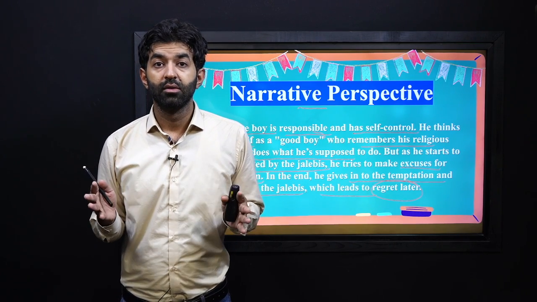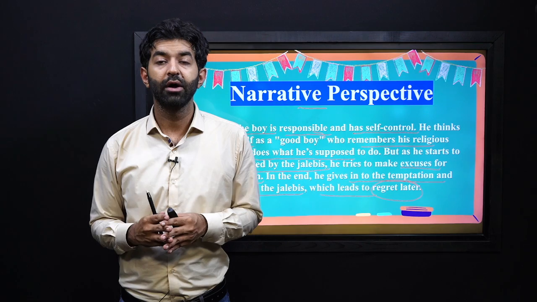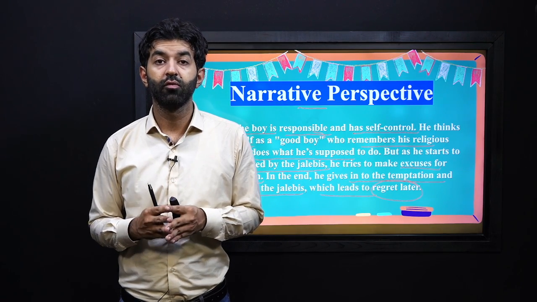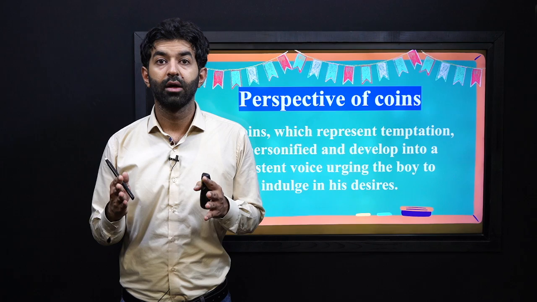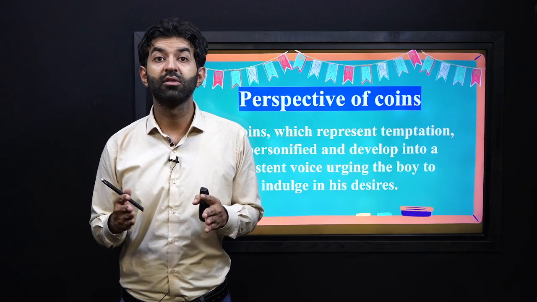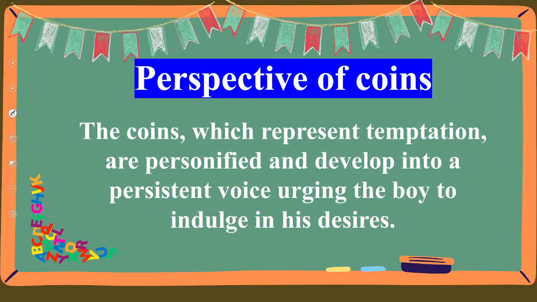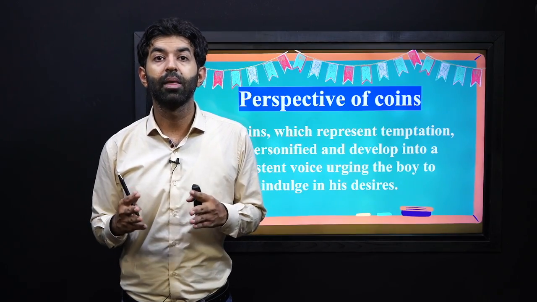So we have so many different moral lessons from this story, but we are going to focus on the point of view. We know that the story is actually narrated by the main character himself. It was a first person narrative, and there is also a perspective of the coins which he had in his pocket.